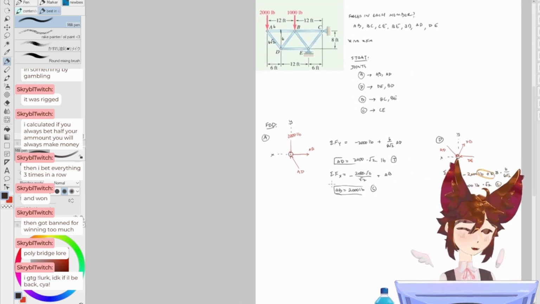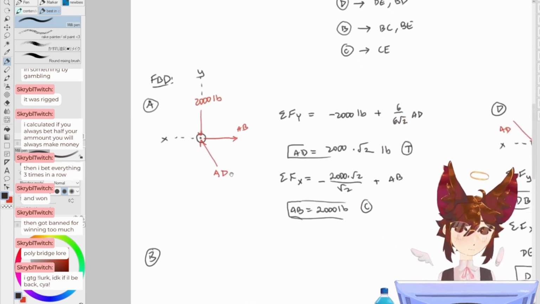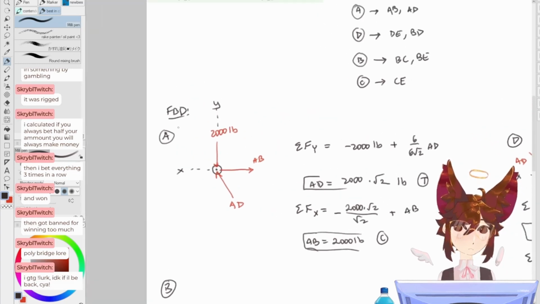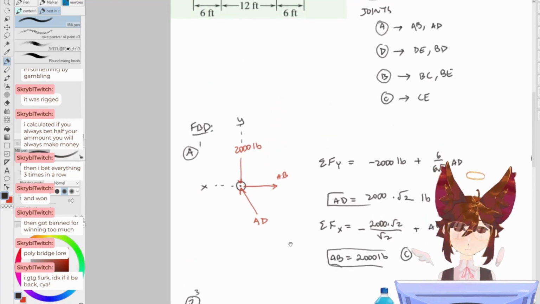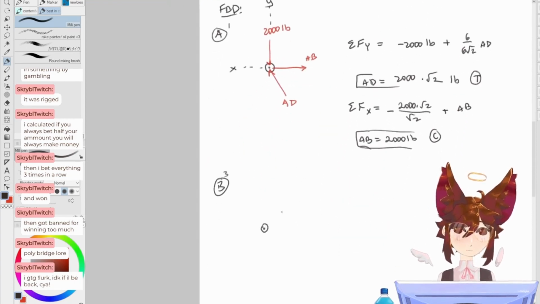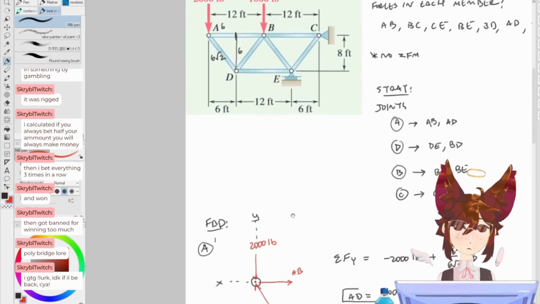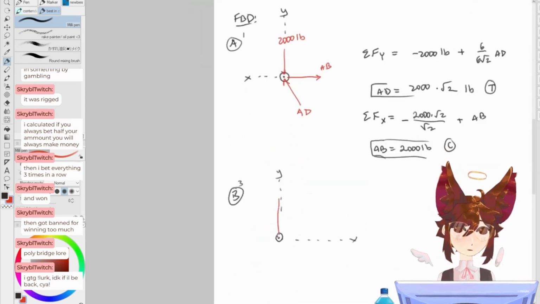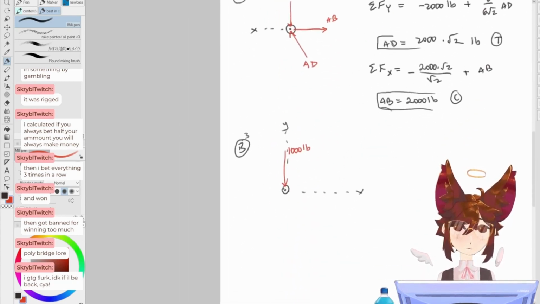Okay, now we're at B. B's got a lot going on, but I think we can work through it. So this is 1, this is 2, this is 3. Bam, that's B. We need a coordinate system, X, Y. We've got this 1,000 pounds coming down here, we've got AB, which is pulling this way.